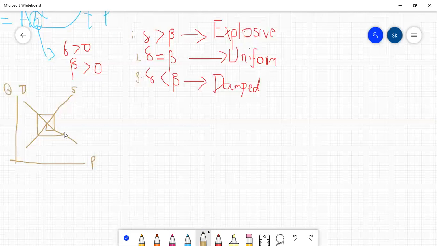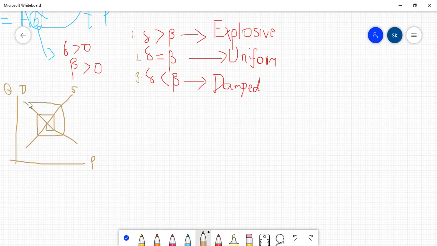From the initial equilibrium position, the time path is deviating away from it, and the amplitude of the trend is increasing. This one is smaller than this one. Again, you can see that the amplitude is increasing with time. So this is basically the exploding time path. Over here, we can say that sigma is greater than beta.